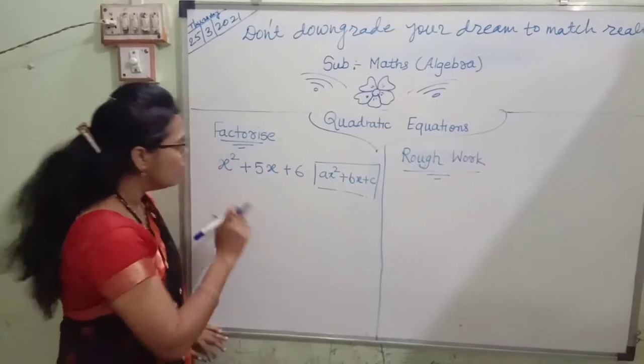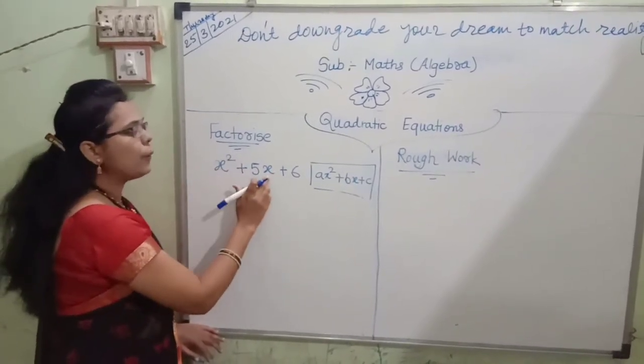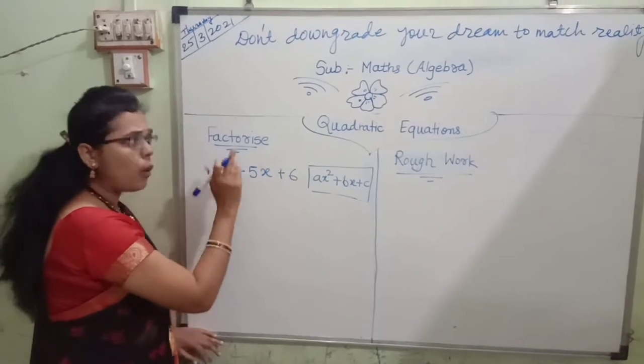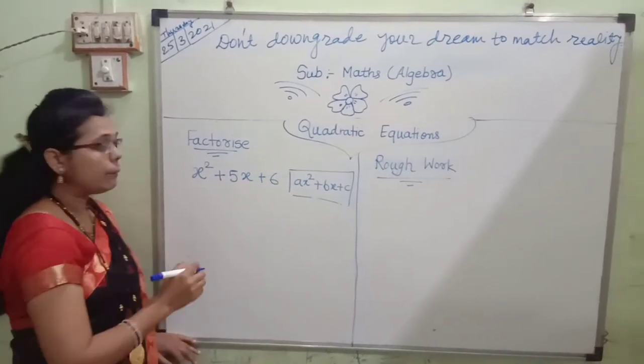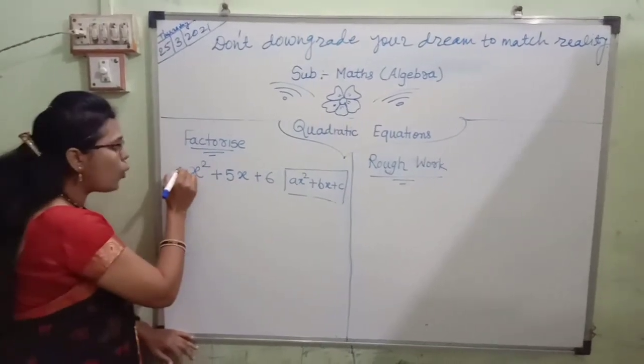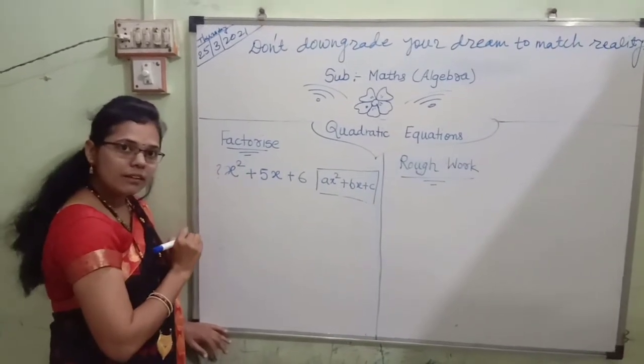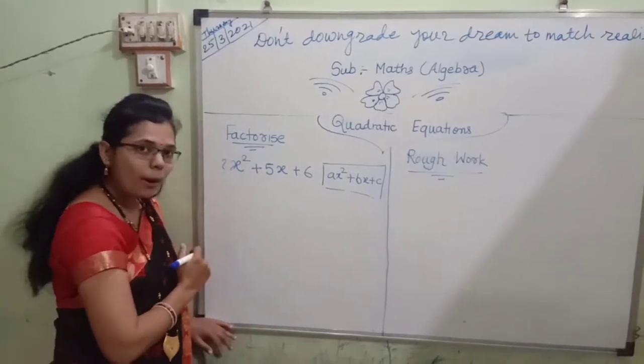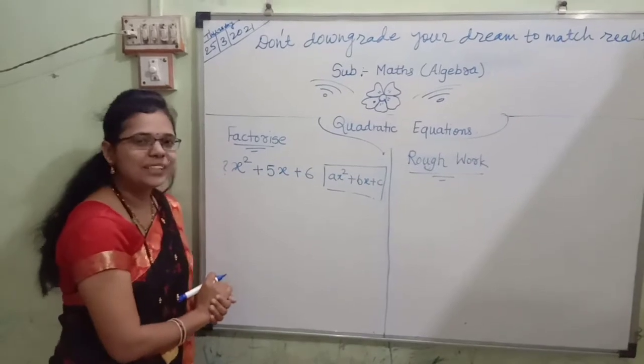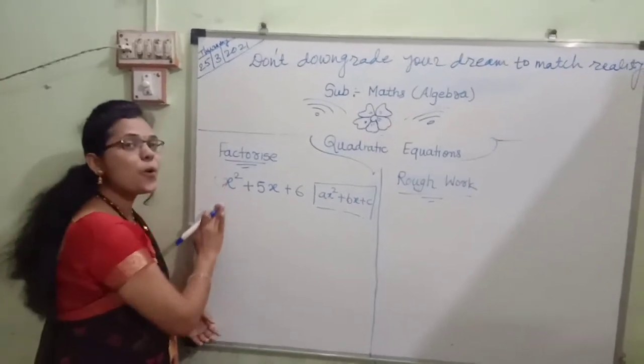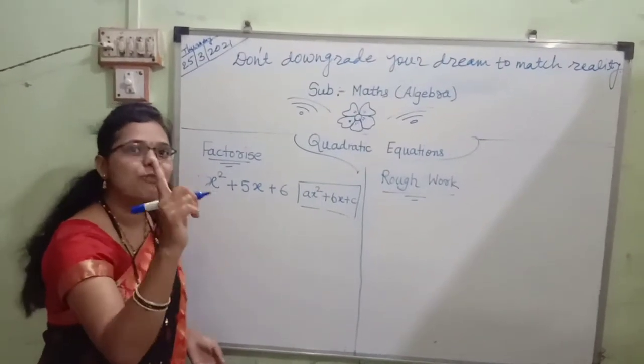Clear with everyone? So children, x square plus 5x plus 6. Is it a quadratic equation? You will tell me, miss, there is no coefficient before x square. So it is not? No children. Where there is no coefficient, there is 1.